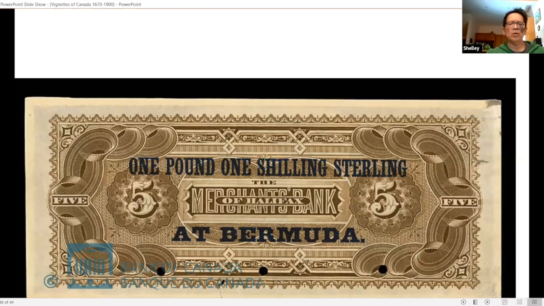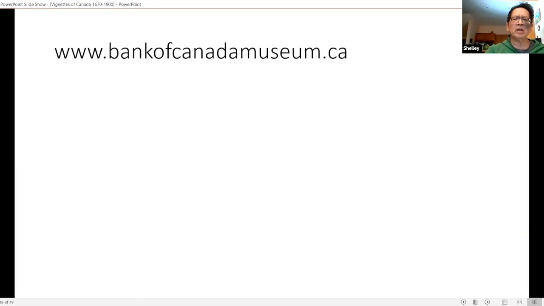So the reverse again, very clear: £1, 1 shilling sterling, or $5, but redeemable at Bermuda. That's the end of this presentation. All of these banknotes can be found on the Bank of Canada Museum website, .ca, and some lovely banknotes.